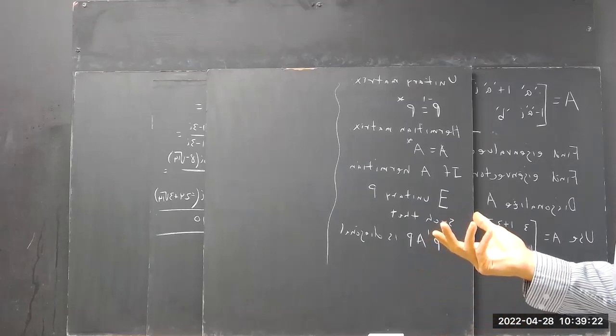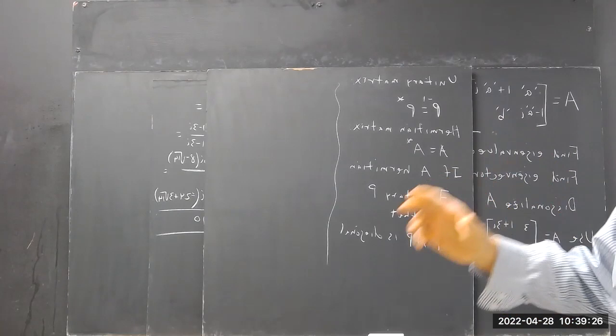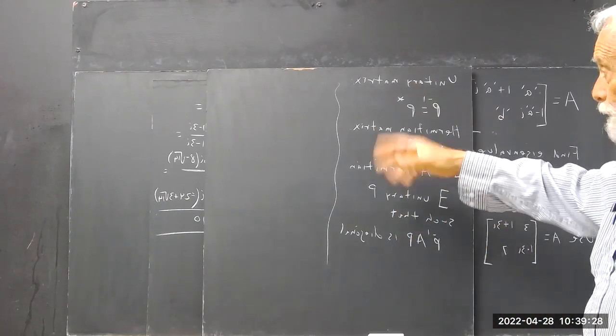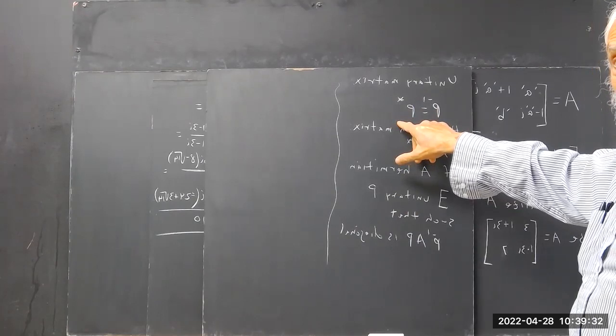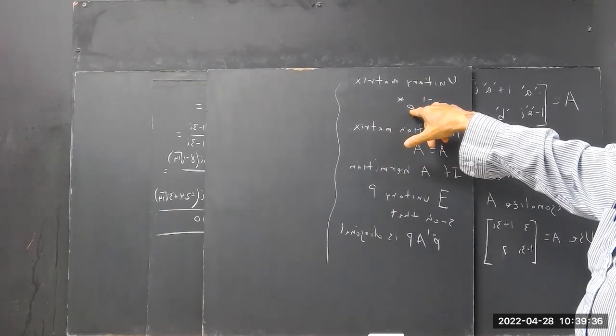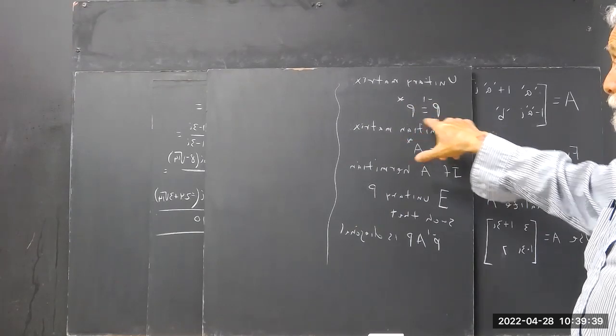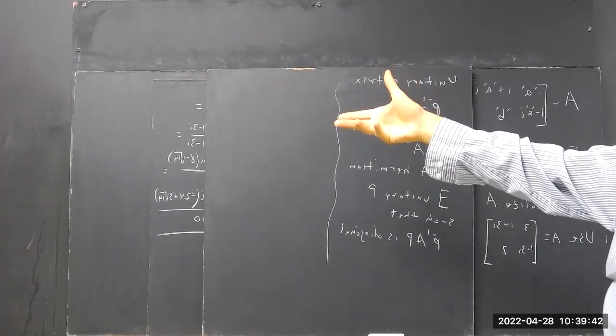Then determine whether a matrix is unitary by calculating the matrix times its conjugate transpose. Because if a matrix is P, and the inverse equals the conjugate transpose, then when you multiply P by P star, you're going to get the identity.